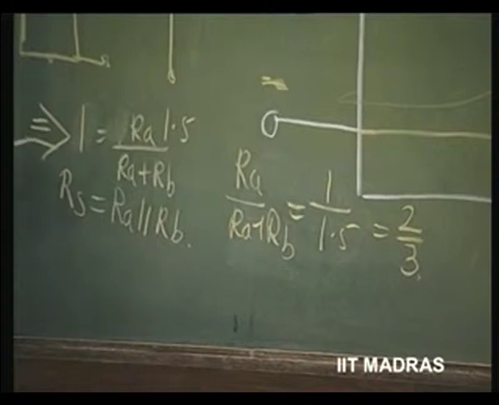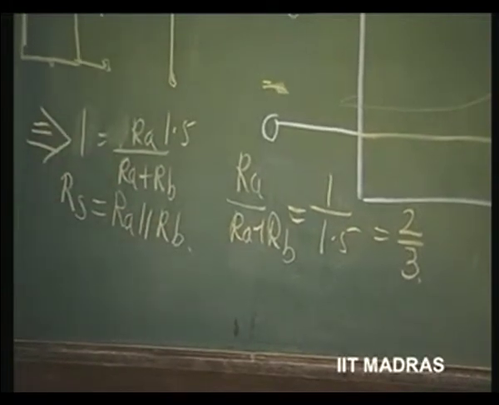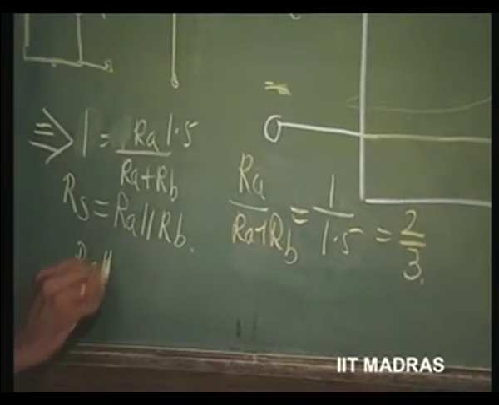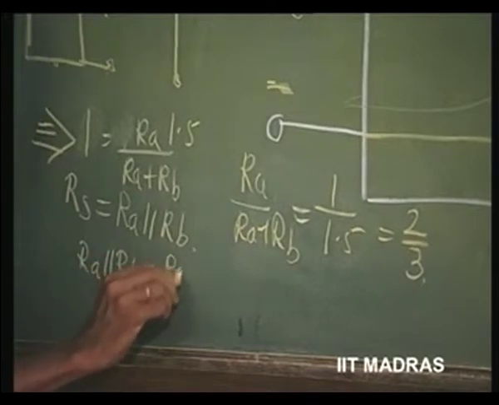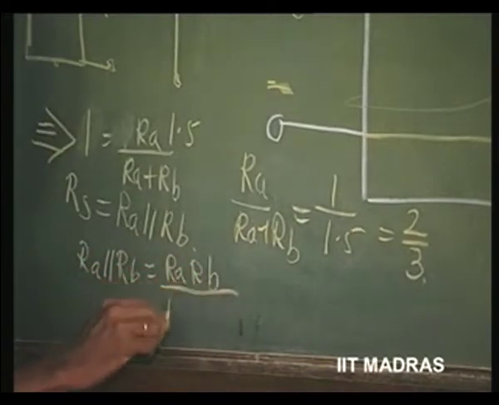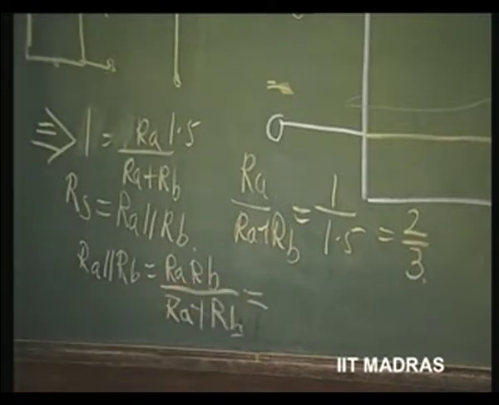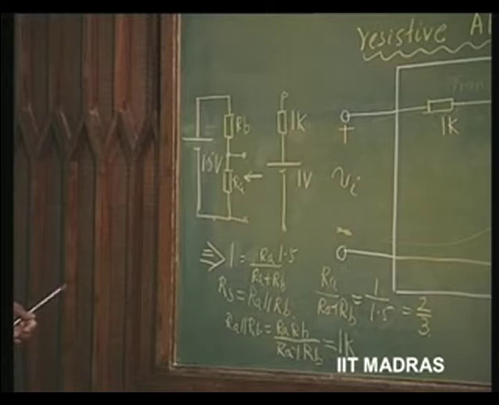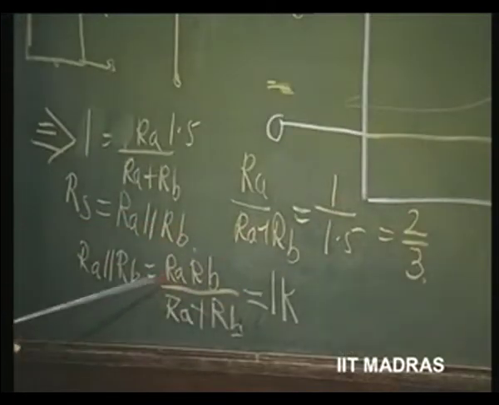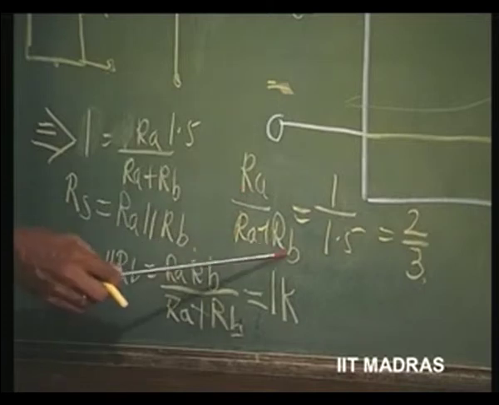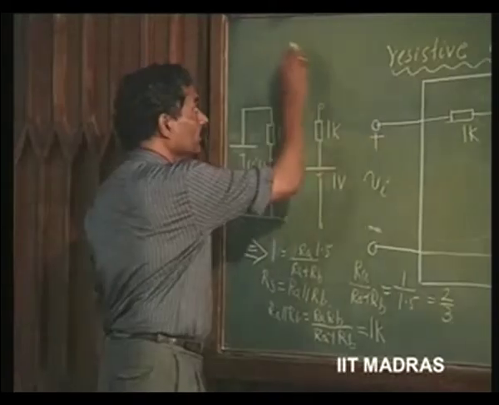So, this ratio RA by RA plus RB now gets fixed because of this as 2 by 3. What about the value of RA parallel RB? RA parallel RB, which is nothing but RA RB divided by RA plus RB, should be equal to 1K. That is what I want. So, now RA by RA plus RB is 2 by 3, RA parallel RB is equal to 1K. Now, you can solve for this.